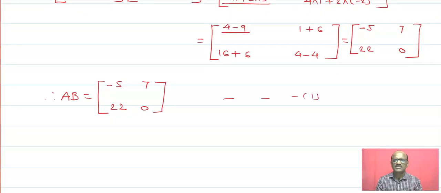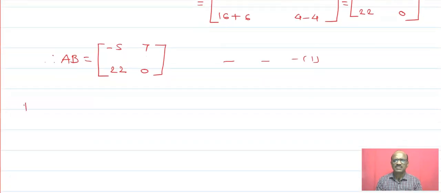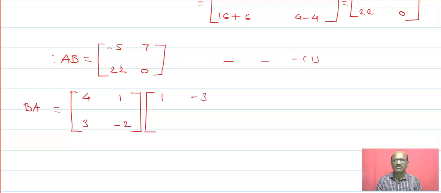Next is, this is number 1, BA. That is equal to [4, 1; 3, minus 2] and next is [1, minus 3; 4, 2]. Now the product: first row, first column, 4 into 1 plus 1 into 4. Next, 4 into minus 3 plus 1 into 2.